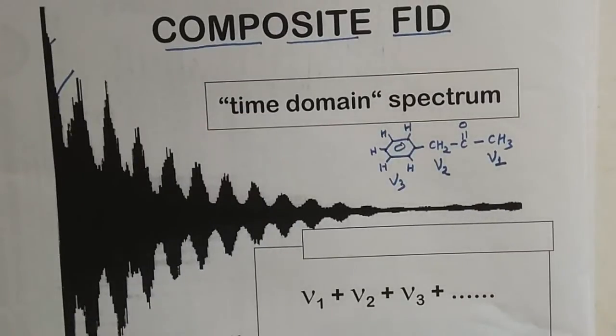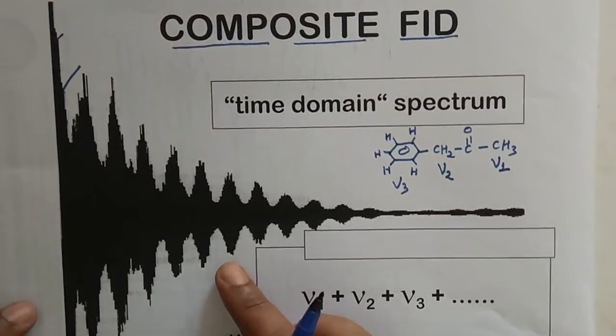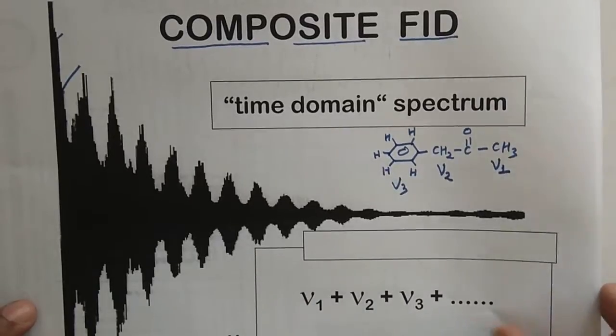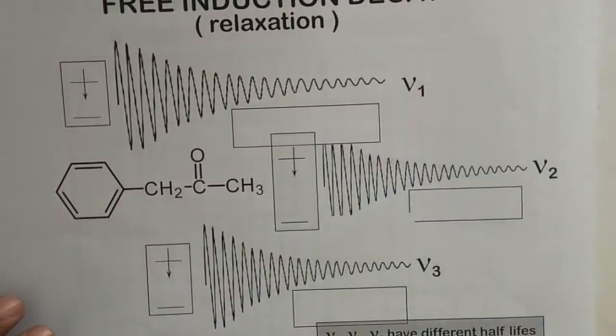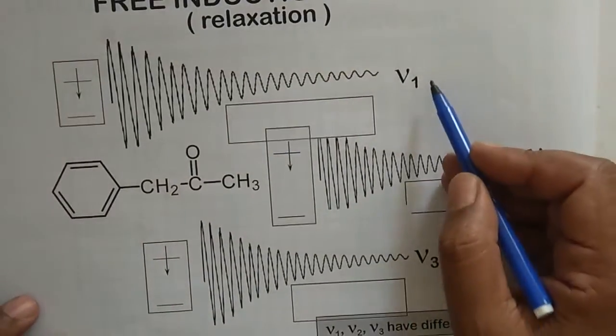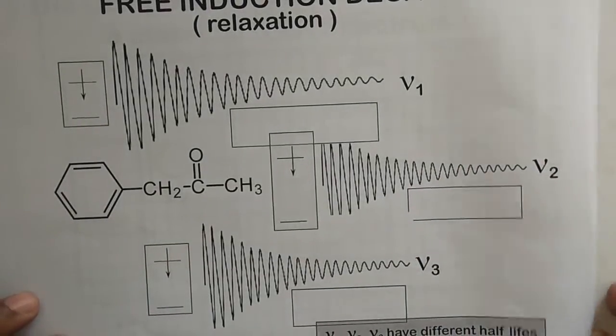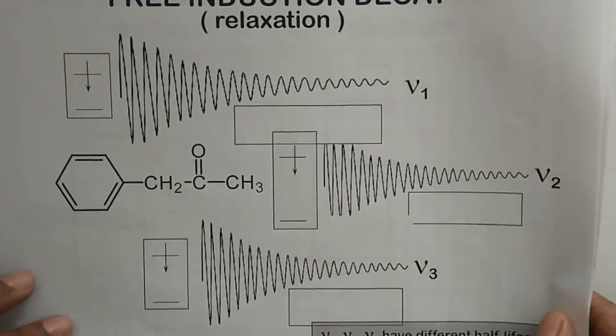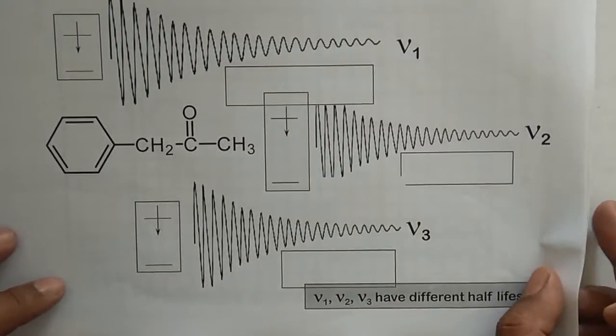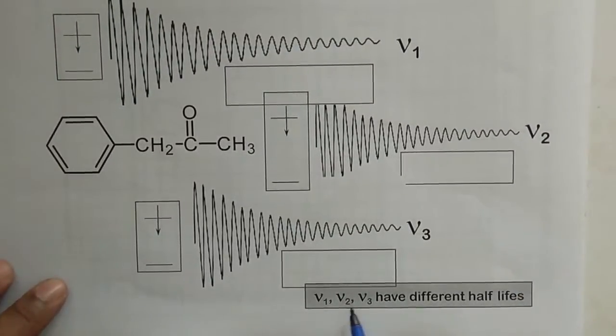When this FID is processed through the computer, I will get the spectrum of that particular compound. Here you can see this was nu 1, nu 2, nu 3, which have different half-lives due to the different relaxation rates or relaxation times.